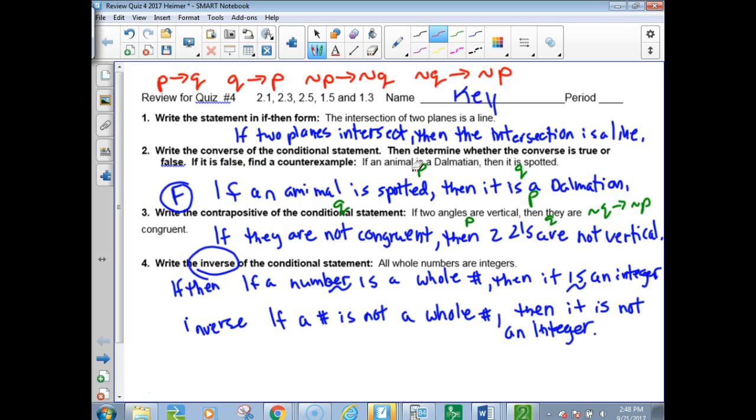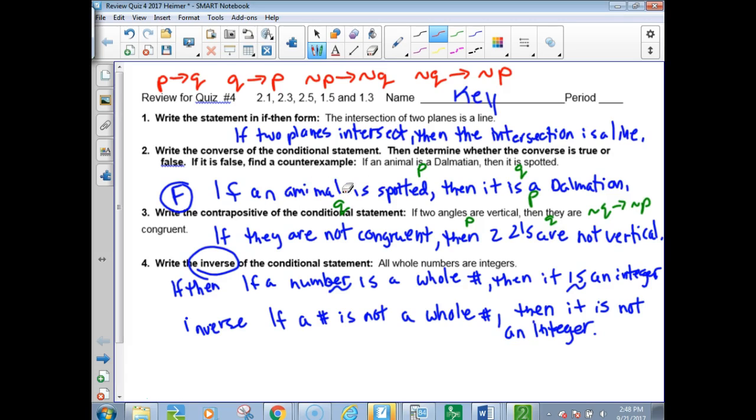The converse of the statement, if an animal is a Dalmatian, then it's spotted, would be: the P is the hypothesis, the Q is the conclusion. If you're writing the converse, you switch the hypothesis and conclusion. If you didn't write if an animal is spotted, that's okay. If you wrote if it is spotted, that's just fine, okay?